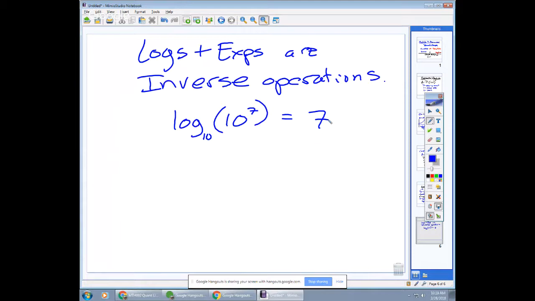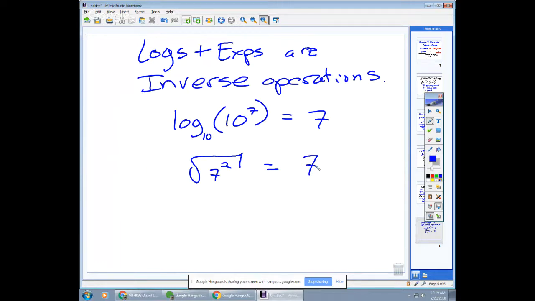It's just 7. They cancel each other out, just like a square root and a square. You take the square root of 7 squared, that's going to give you 7 back, because they cancel each other out.